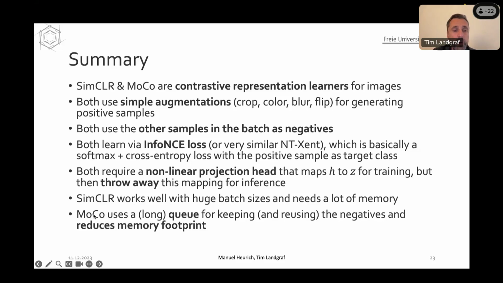MoCo, I think, is a little bit trickier to implement because it uses this kind of queue, but it reduces the memory footprint and is a good alternative to SimCLR, even outperforming it in the V2 variant.